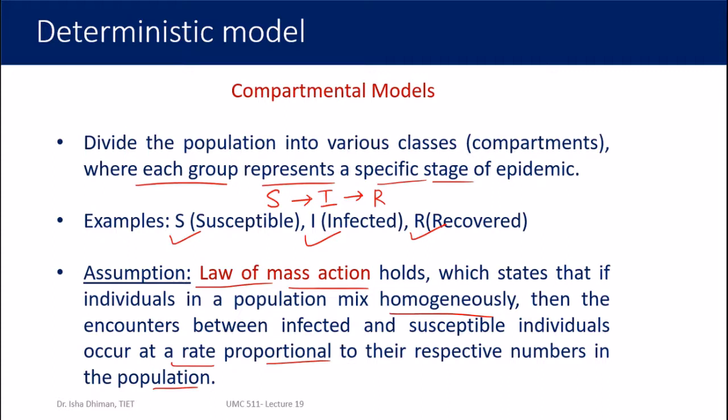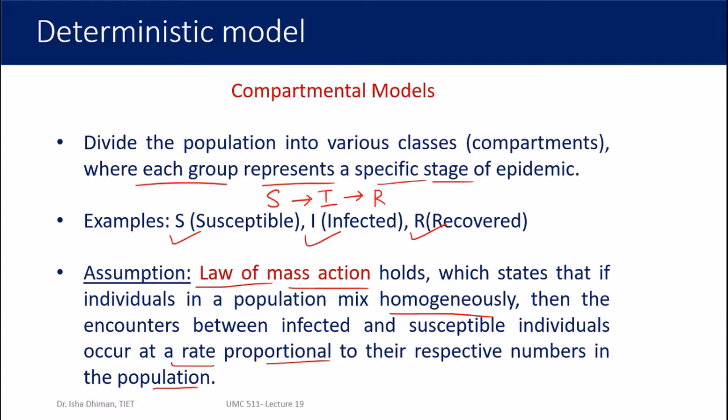So this law of mass action is basically telling us that if the population is homogeneous, then the encounters between infected and susceptible occur at a rate. Encounters between infected and susceptible means the rate of change of a susceptible person into an infected person, or you can say the rate of a person catching the infection, and that rate is proportional to their respective numbers in the population.